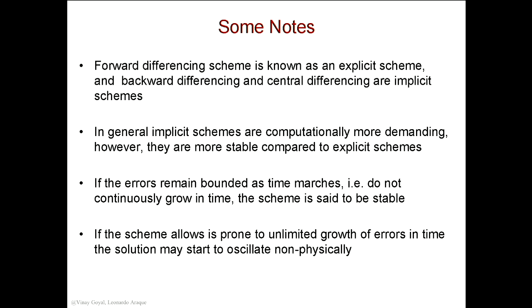A scheme is stable if the errors remain bounded as time goes by and do not continuously grow. If the scheme is prone to unlimited growth of errors over time, you could have a solution that starts oscillating and giving you non-physical results.